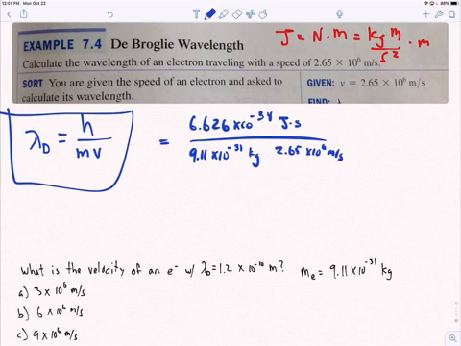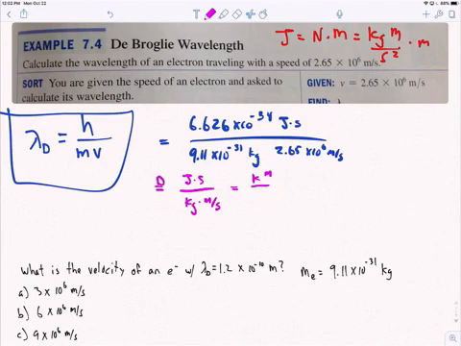And so if you look at the dimensionality of this, we have joule seconds over kilogram times meters per second. And a joule is a Newton meter. It's a kilogram meter over second squared times meter, so it's meter squared times second, all over kilogram times meters per second.